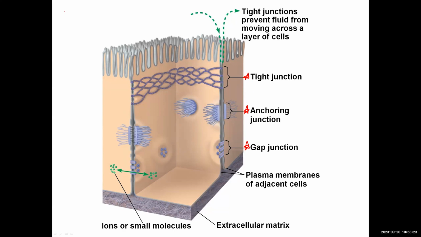So let's think for a minute about these cells. This cell here is an intestinal cell. The structure of your intestines looks kind of like this. You have a bunch of cells that are all next to each other.